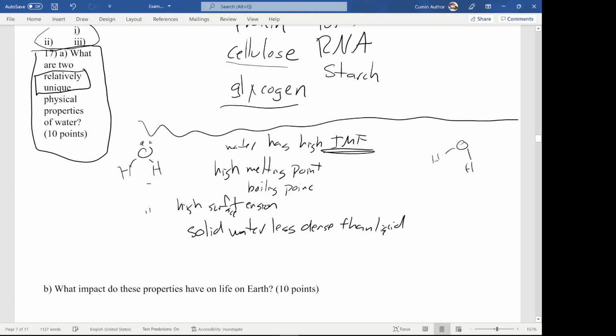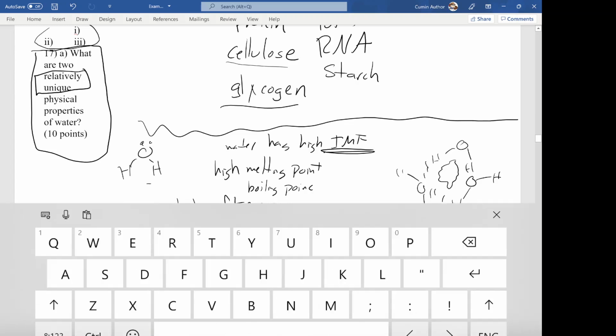So there is this unique structure, basically, and I don't know the correct crystal structure exactly, but you end up with these dead spaces inside of the solid crystalline structure of water, which is why it becomes less dense when it becomes a solid. Also, in regards to all this, it has a high heat capacity.